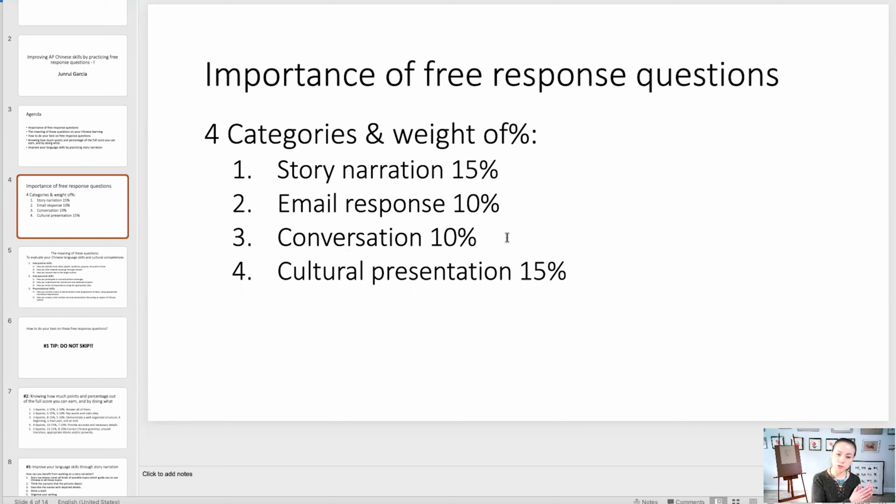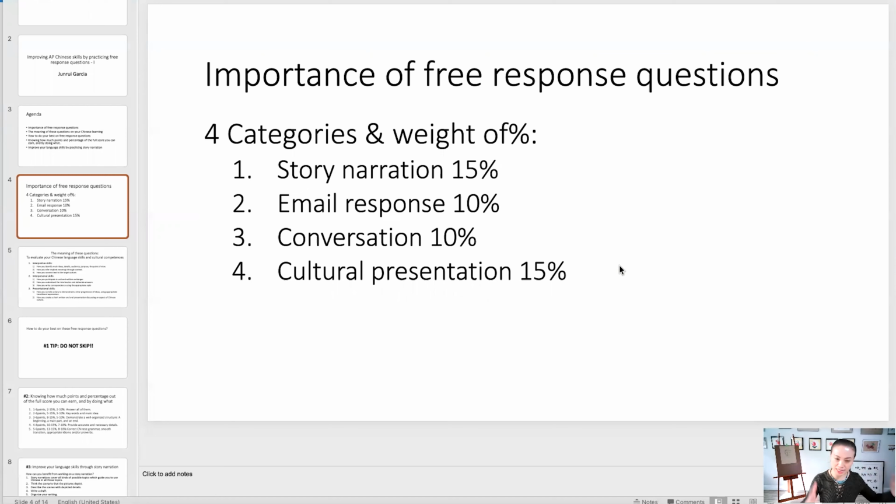However, on the multiple choice questions, for example on the listening part, rejoinders, you have 10 to 15 questions, meaning that by answering one question, you earn 1 point. However, on this one, you answer one question, you're going to earn 15 points, 15%.